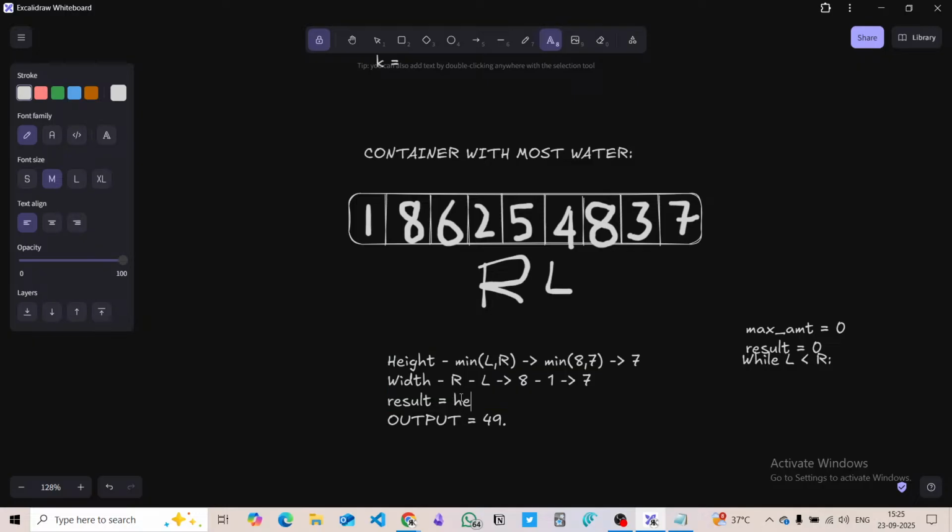Sorry, height cross width. So now we need the maximum amount, right? So max of maximum amount comma result.